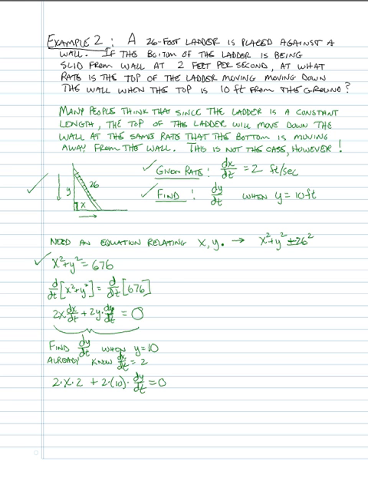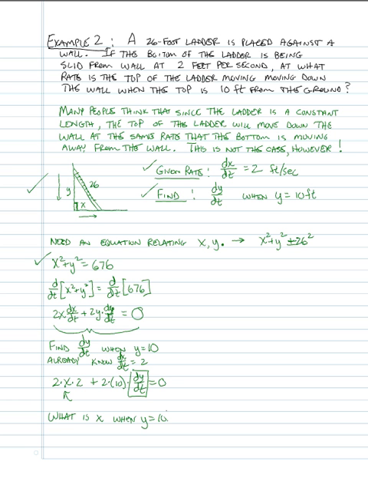Now, here's the issue. This is what we're trying to find. But to find it, we need this value. And so now the question ends up being, what is x when y is 10?